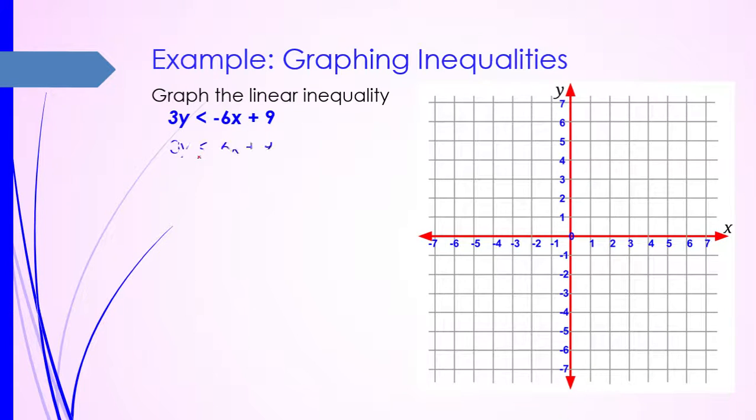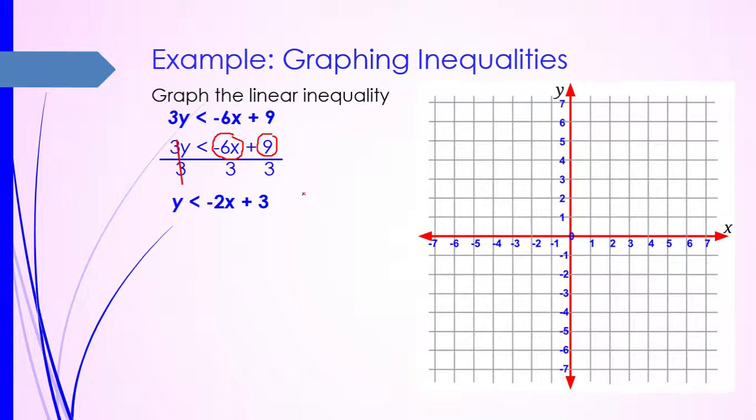Because remember, we have to get y by itself. So opposite operation, it is 3 times y, so we need to divide by 3. When we do that, we get y is less than negative 2x plus 3. Keep in mind, when you divide by 3, you must divide it to the negative 6x and to the positive 9.